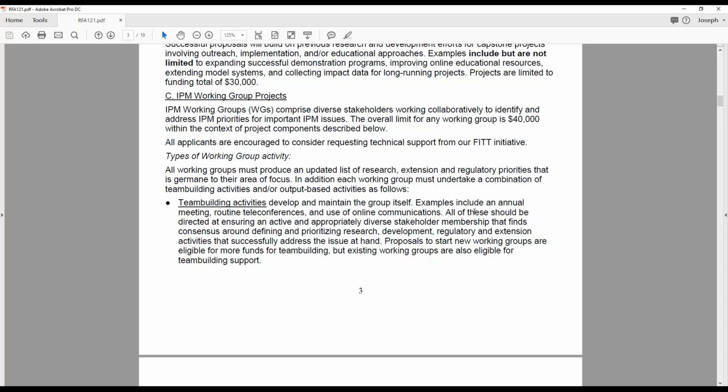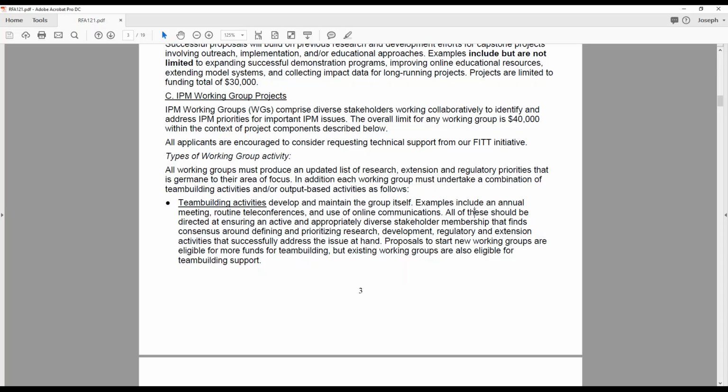The total pool for this particular grant is $180,000. That's a little bit down from previous years, but you will be seeing another RFA from the center in a few months that's going to address IPM documents. People talking about this, documenting the state of IPM, what the current pests are, what the priorities are for extension and research.